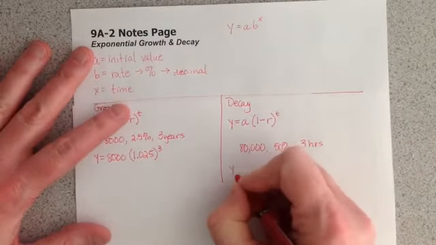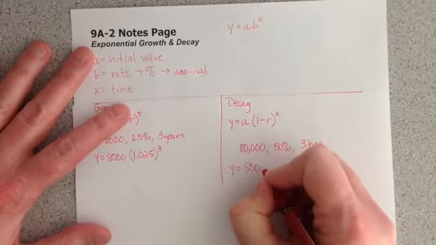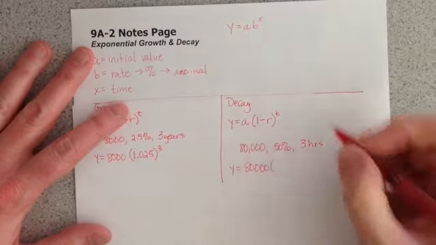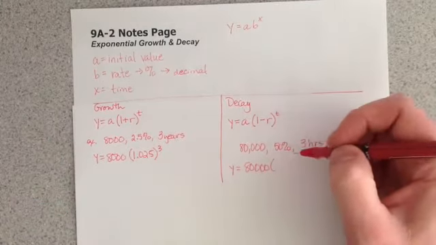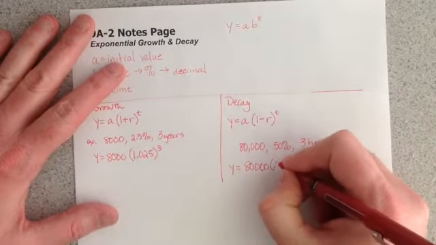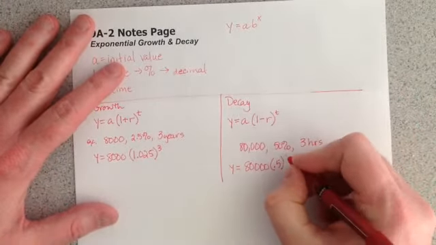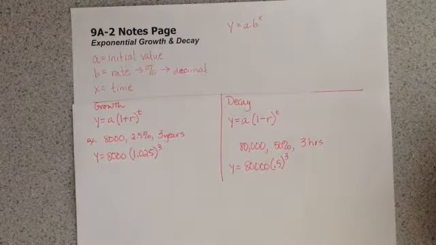So we do y equals the initial amount, 80,000, times 1 minus 50%, change 50% to a decimal, 0.5. 1 minus 0.5 is just 0.5, raised to 3 hours. And then if I did that calculation, it would give me how many cells are left after 3 hours.